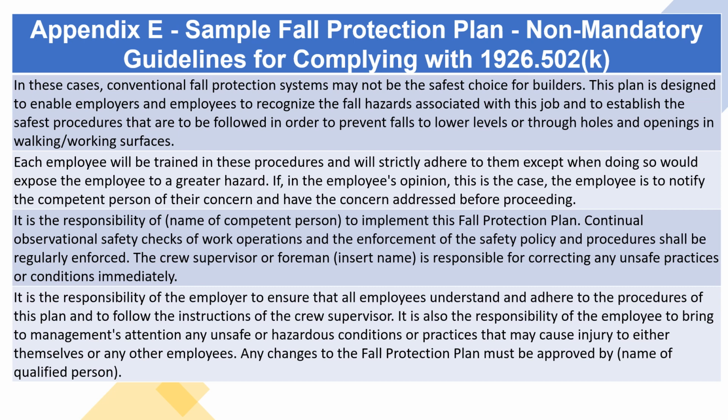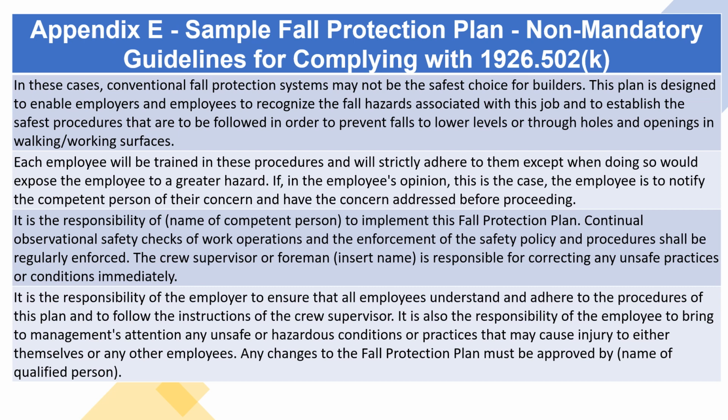It is the responsibility of, name of competent person, to implement this fall protection plan. Continual observational safety checks of work operations and the enforcement of the safety policy and procedures shall be regularly enforced. The crew supervisor or foreman, insert name, is responsible for correcting any unsafe practices or conditions immediately.